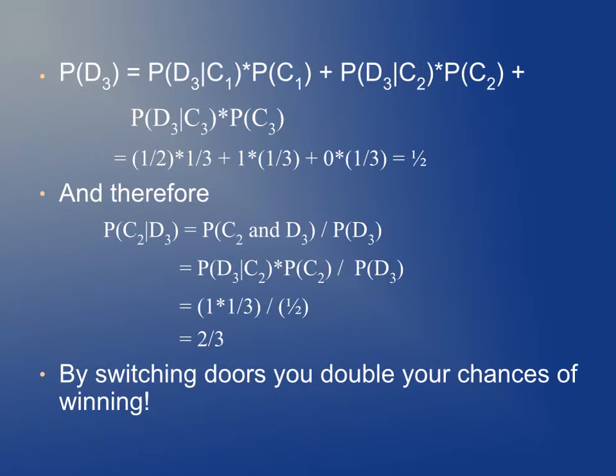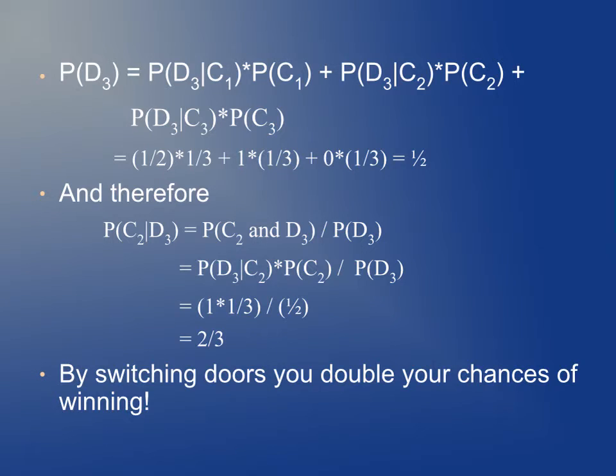The probability the host opens the third door is equal to the probability that the host opens the third door given the car is behind door 1 times the probability the car is behind door 1, plus the probability that the host opens the third door given the car is behind door 2 times the probability the car is behind door 2, plus likewise the probability the host opens door 3 given the car is behind door 3 times the probability that the car is behind door 3.